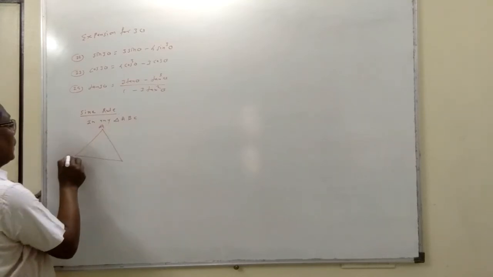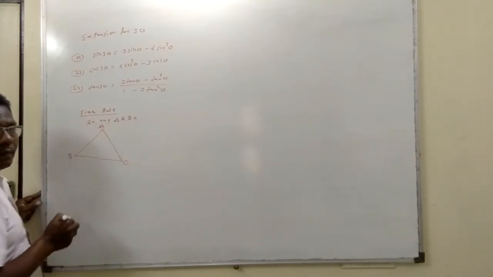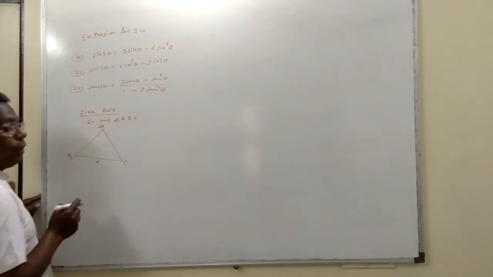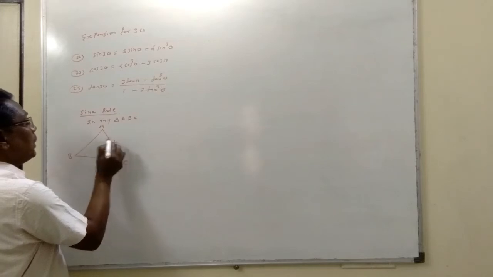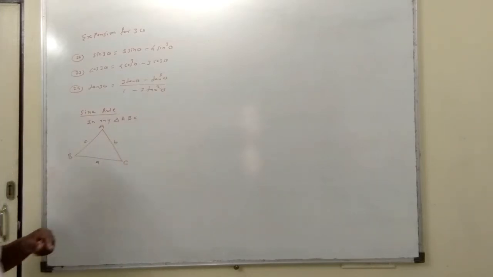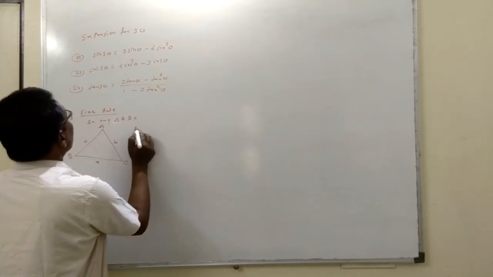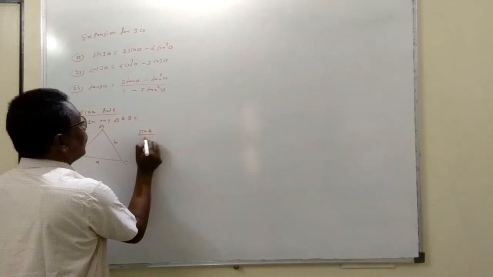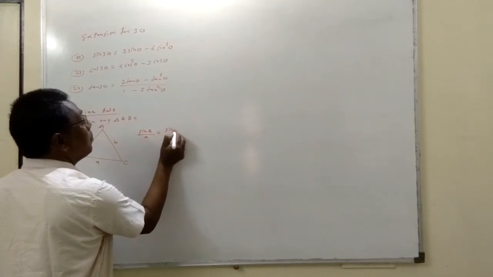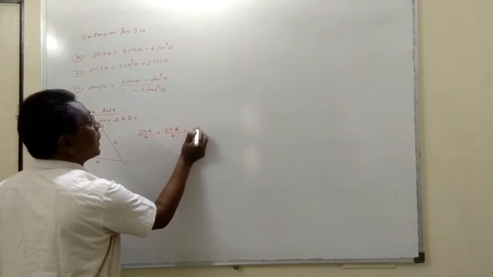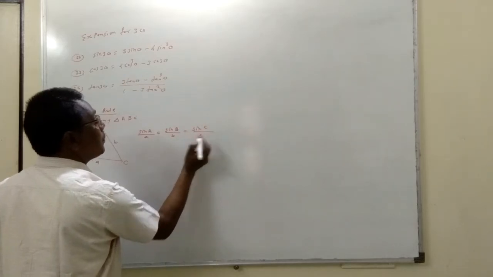Suppose this is A, this is B, and this is C. By standardization, opposite to vertex A the side is denoted a, opposite to B is b, and opposite to C is c. So a, b, c are the lengths of the sides. By the sine rule, we can write sine A upon a is equal to sine B upon b is equal to sine C upon c.